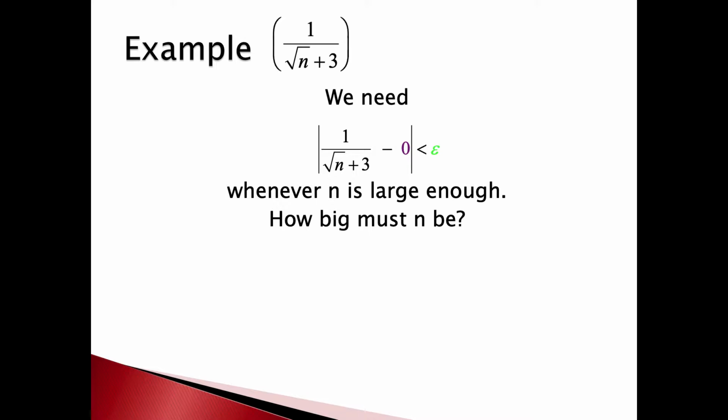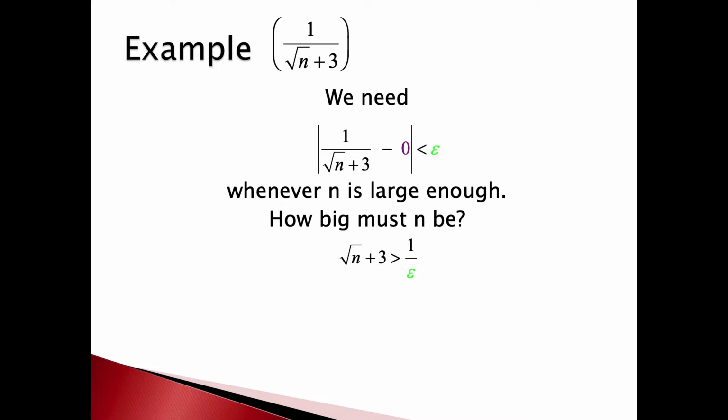So let's take the reciprocal on both sides. That would give us square root of n plus 3 should now be bigger than 1 over epsilon. Again, when you do the reciprocal on both sides, it flips the direction of the inequality. So instead of being blah blah blah less than epsilon, now it becomes blah blah blah bigger than 1 over epsilon. Okay, well, now let's untangle this and see what that says about little n.